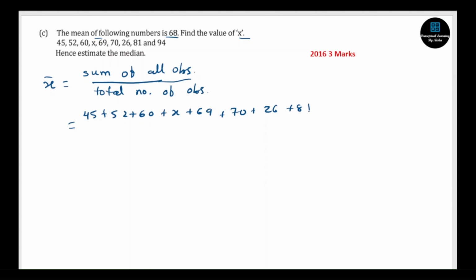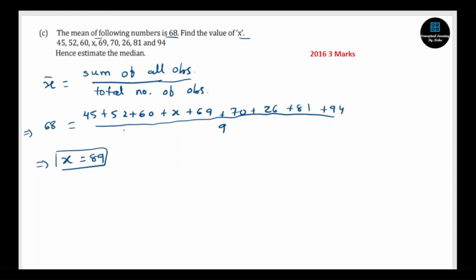The total number of observations is 9 over here, and 68 is the mean that is given. Now when I simplify, I get the x value equal to 89. Then I'll write the data in ascending order.